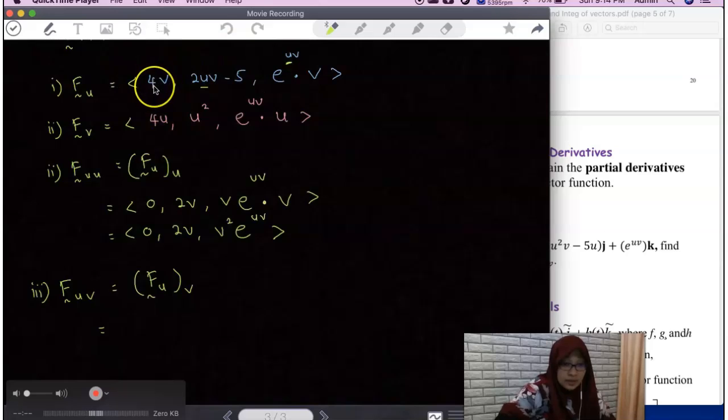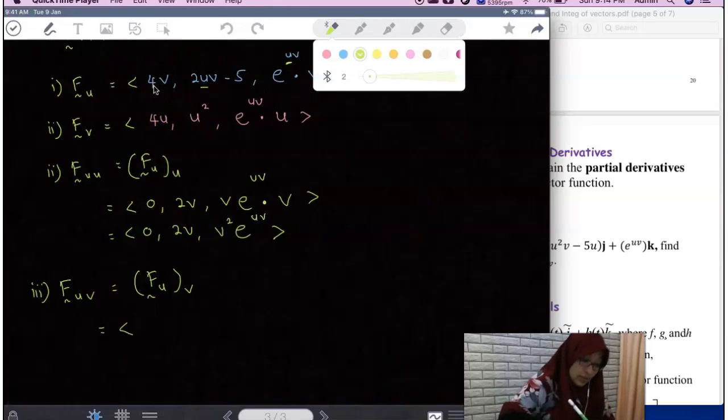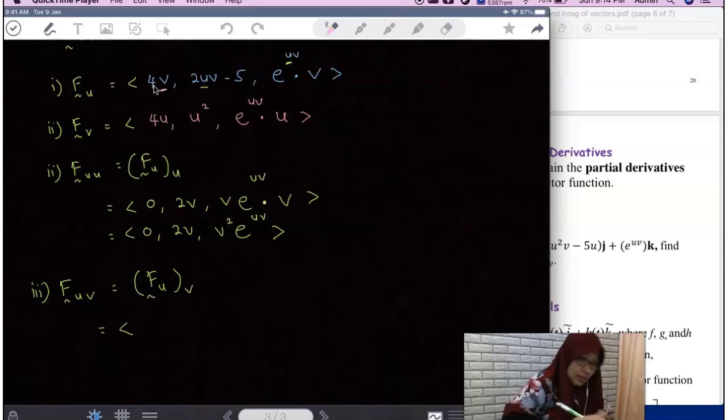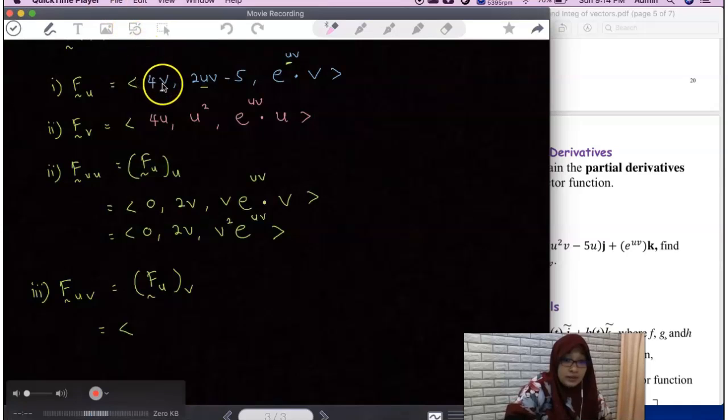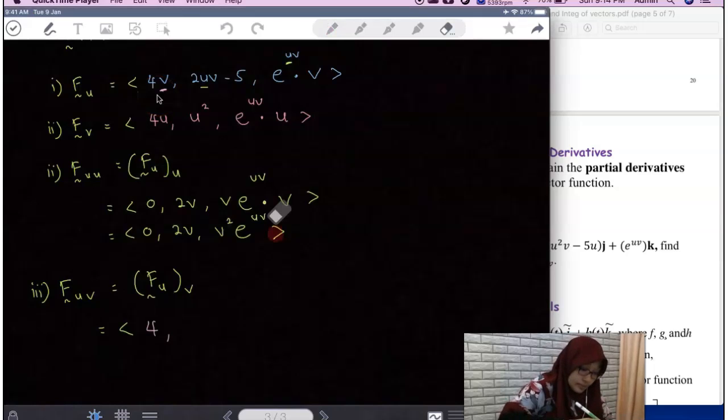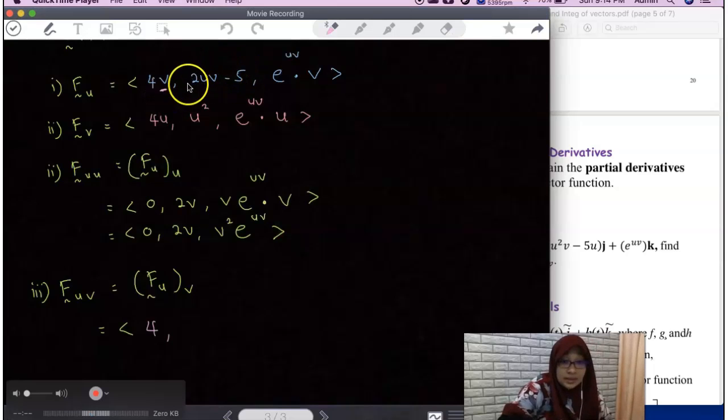Okay, so the first term, there is v. So when you differentiate f_u with respect to v, you get 4. Now look at the second component.